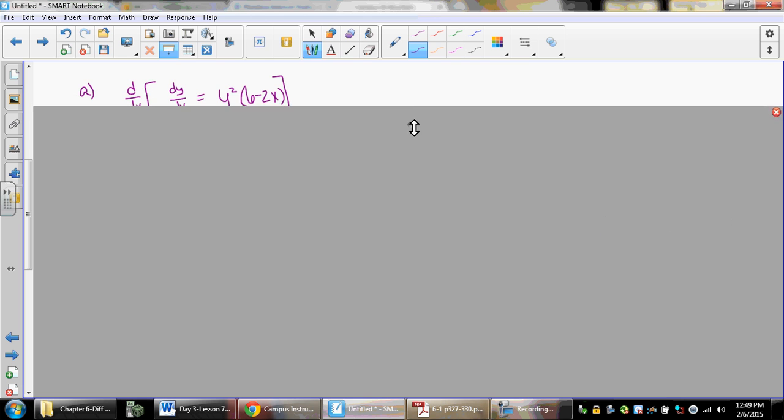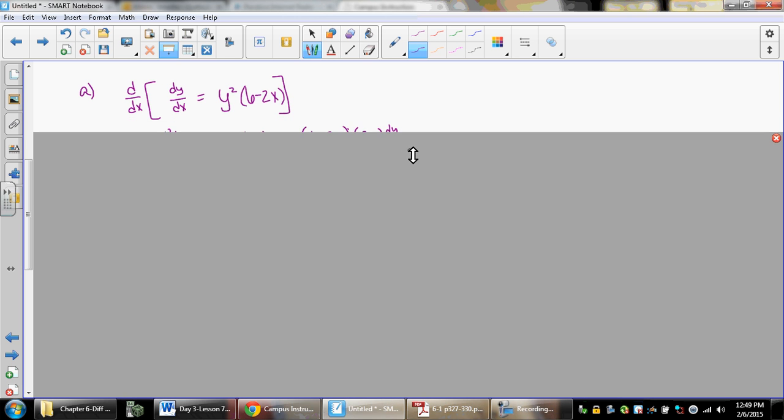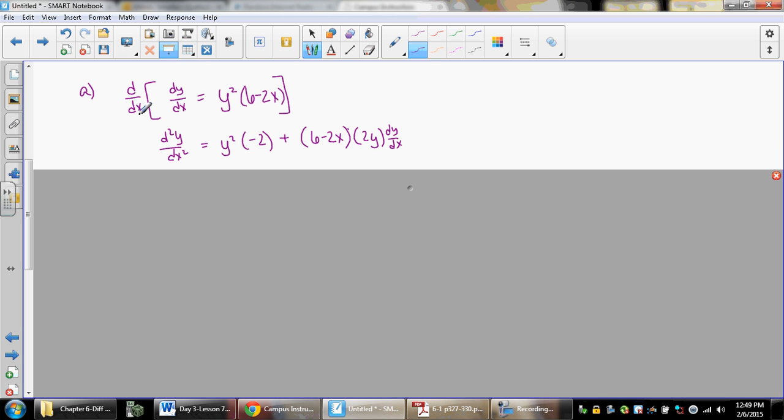Okay, so for this one, when we take the derivative for a, they just want the second derivative. They gave you the first derivative. Since your derivative has x's and y's, you're going to need to use implicit differentiation. So I take d dx of both sides, which makes this a d2y over dx squared, and makes this a product rule. The first times the derivative of the second, plus the second times the derivative of the first.